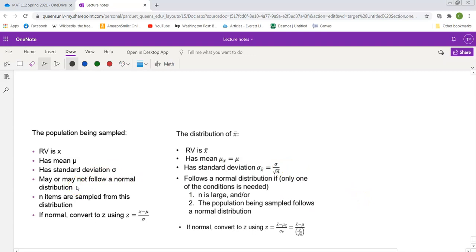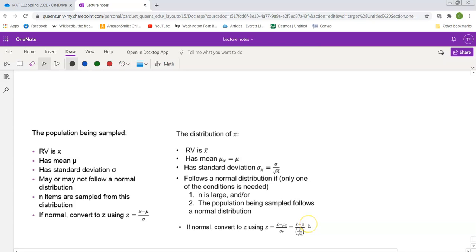The original population being sampled may or may not be normal, but we know that X bar follows a normal distribution if either we have a large sample size or we know that the original population being sampled was normal. In our original population, if it followed a normal distribution, we'd convert to z using x minus mu over sigma, whereas for x bar, we convert to z using x bar minus mu sub x bar over sigma sub x bar.